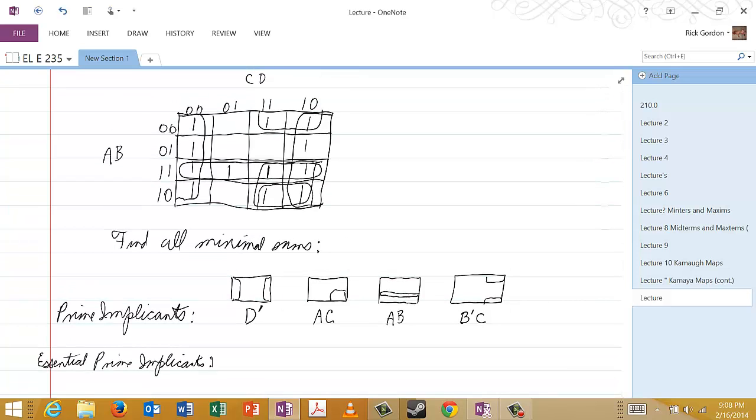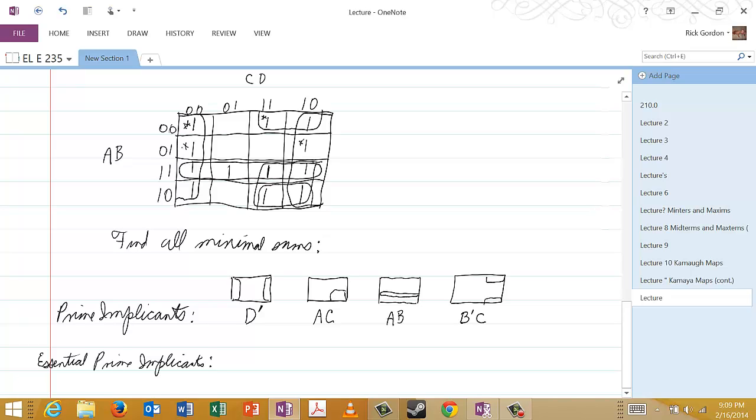And remember that for essential prime implicants, we begin by identifying essential 1 cells. So this 1 cell is essential. This 1 cell is essential. This one is not. This one is.